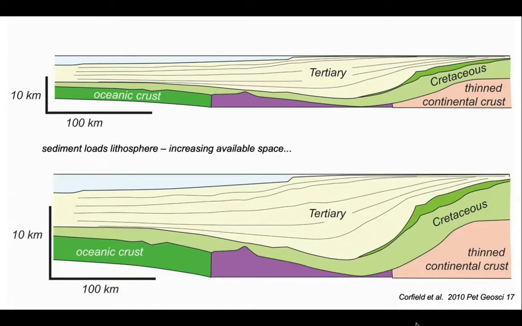This is the same image but vertically exaggerated just to make this clearer, and you can see that the underlying Cretaceous strata and the oceanic and margin of the continental crust have been subsided down beneath that thick mass of over 10 kilometres of tertiary strata. So sediment is loading the lithosphere, which actually creates more available space for sediment to pile in.